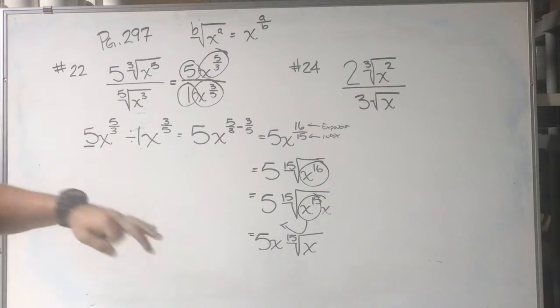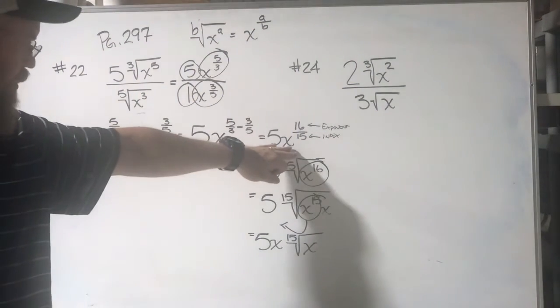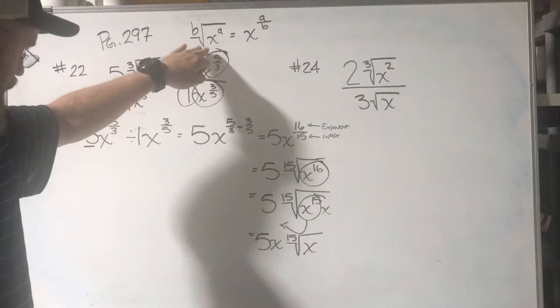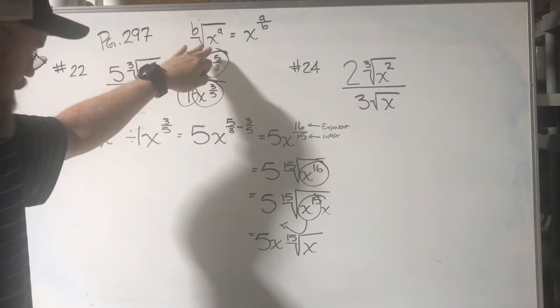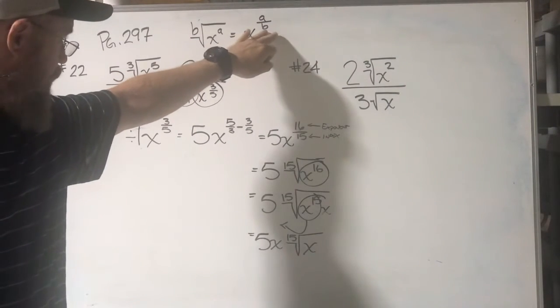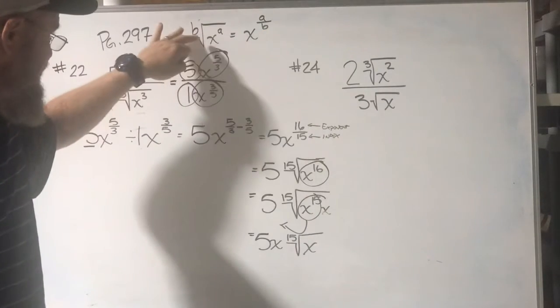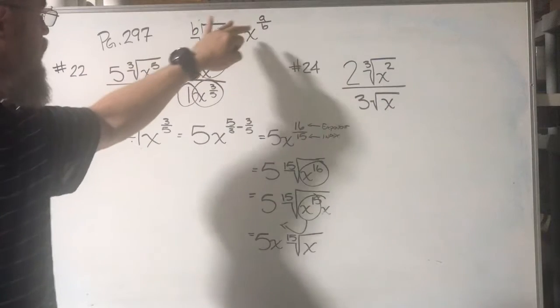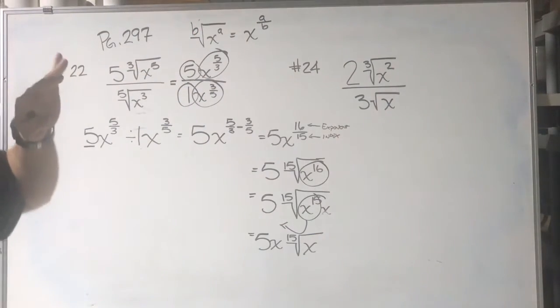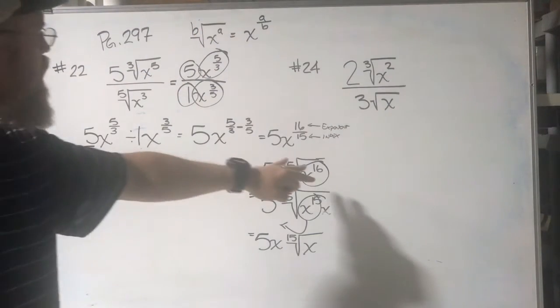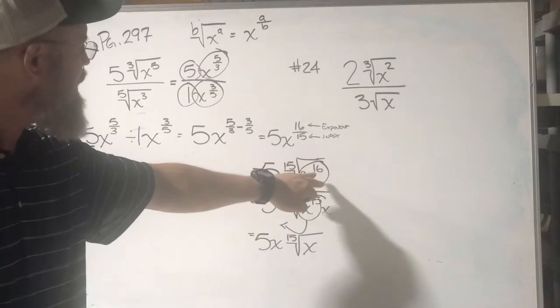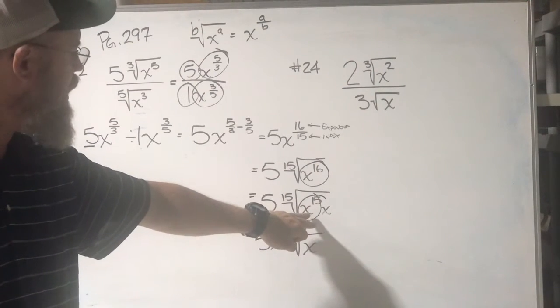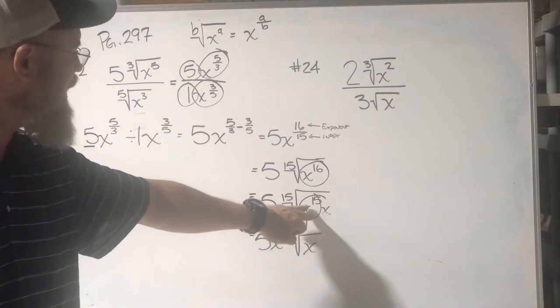Okay? So we got here, and then we've got to work backwards now, because we have to rationalize it. Okay? So as we work backwards, the denominator is the index, and the numerator of the exponent is the exponent underneath the radical. Okay? And once you get x to the 16th, you can factor it where you have x to the 15th.